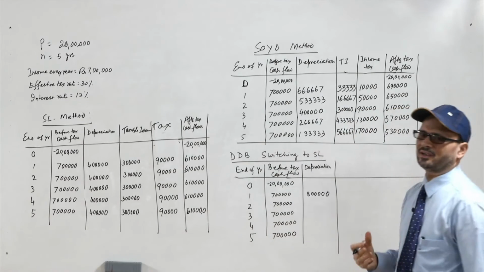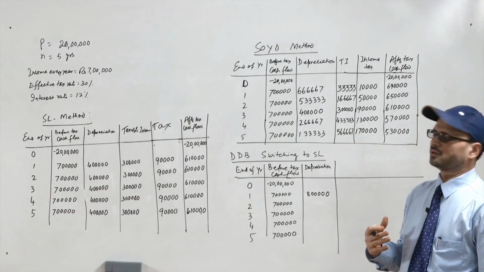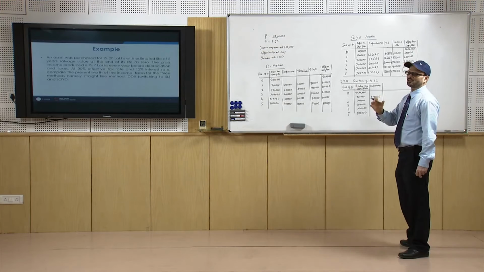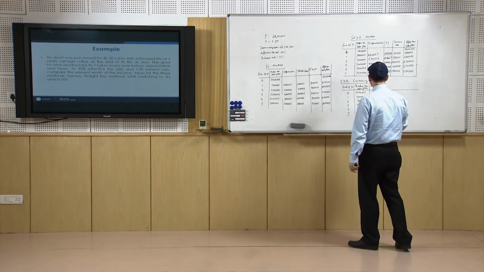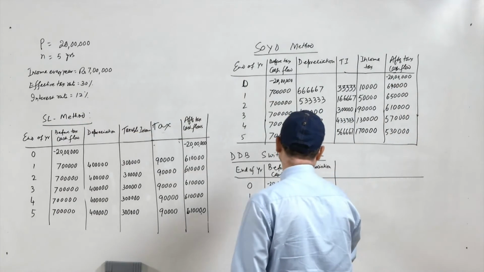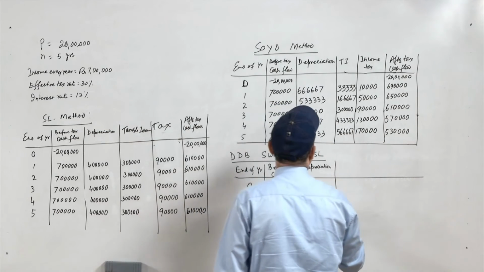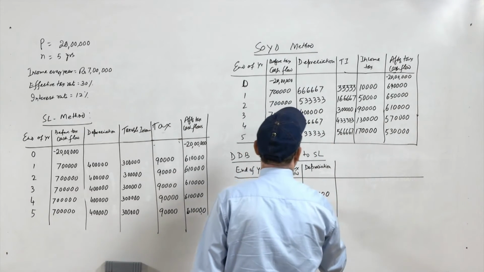Second time it will be 40% of 60, that is the book value, so 24%, and that will be 4,80,000.